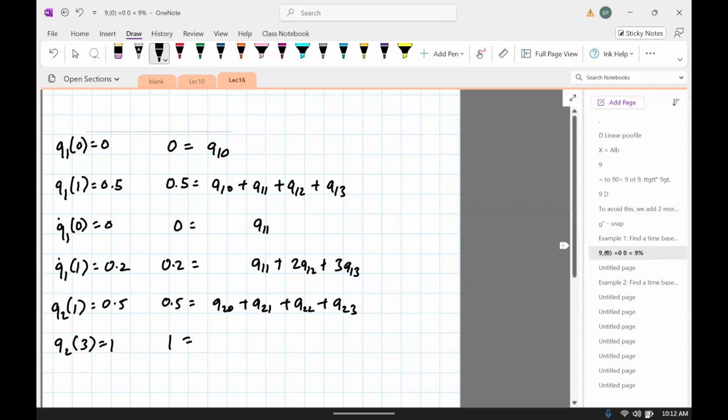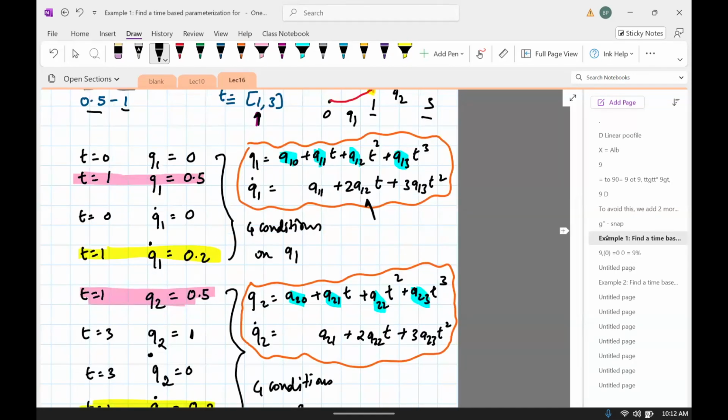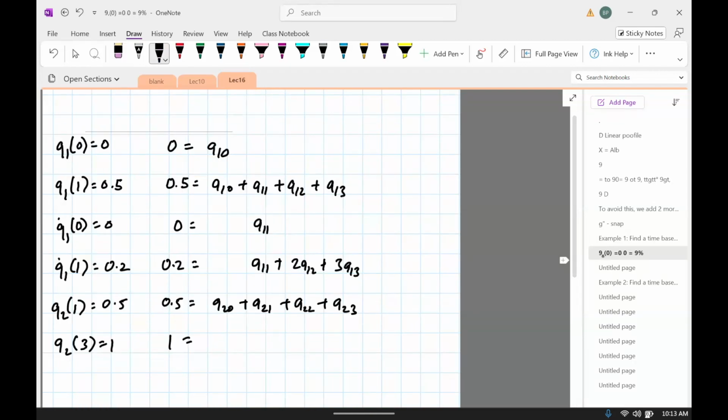So 1 equals, I need to put 3 in this equation for time. So A20 plus 3 times A21 plus 9 times A22 plus 27 times A23.